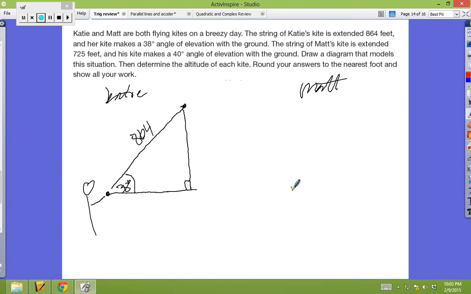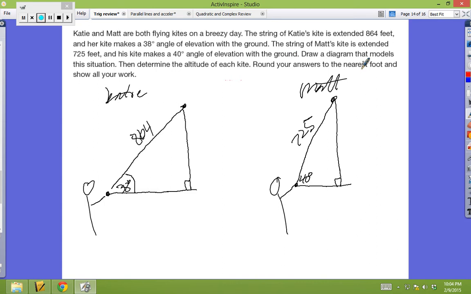Okay, Matt, let's see, Matt's is 725 feet. And his is open a little bit steeper, so his is 40 degrees elevation from the ground.